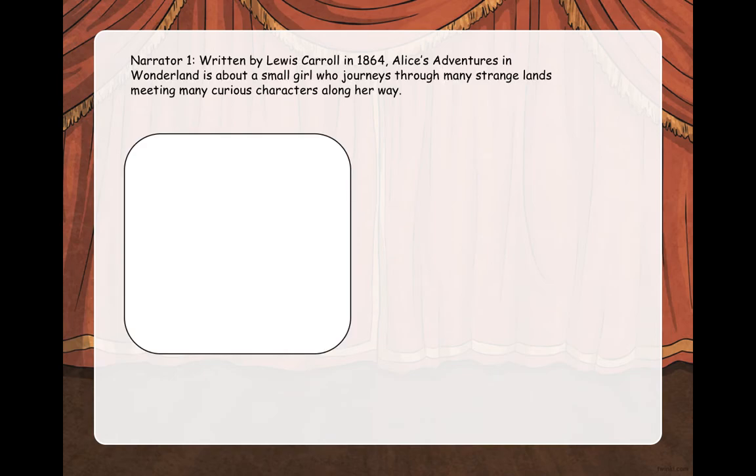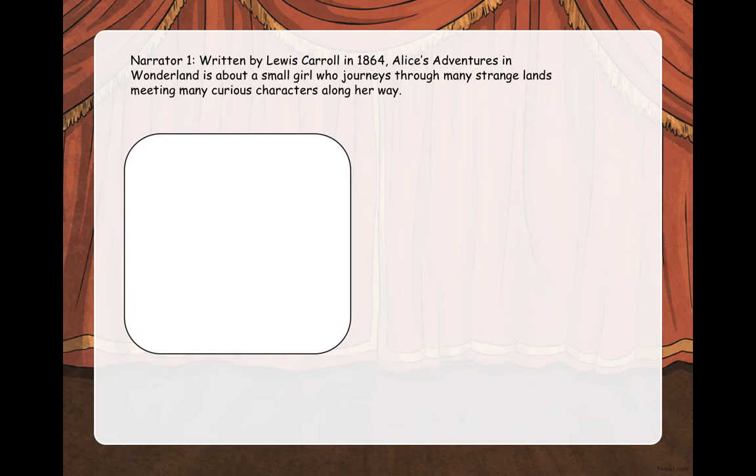Well, there we go. That's Alice in Wonderland. So when we start creating our storyboard, we have frames that we put images in, and then we'll have some information, dialogue, speech for the actors. So it just gives a simple indication of what each frame is about.